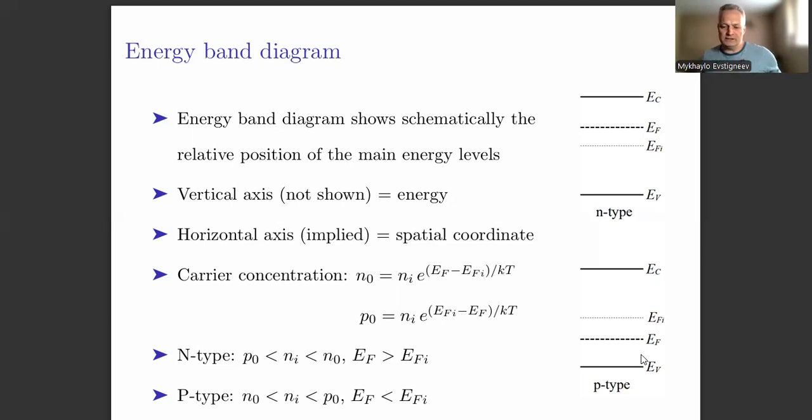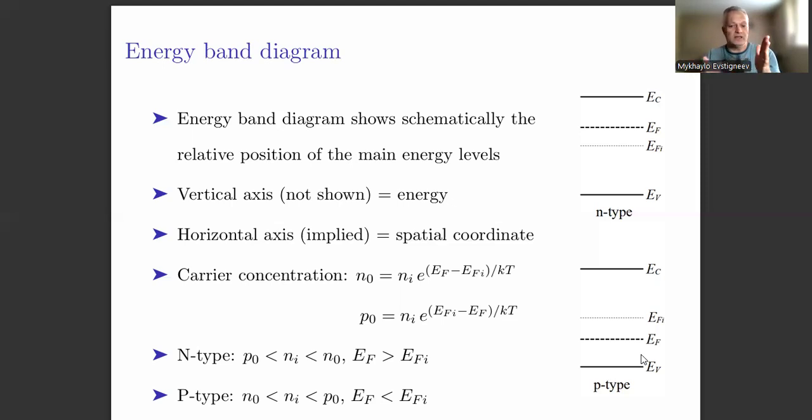What is on the x-axis of the energy band diagram? Just the spatial coordinate x. Imagine a piece of semiconductor, and let's say here you have the boundary and the x-axis is perpendicular to the boundary.